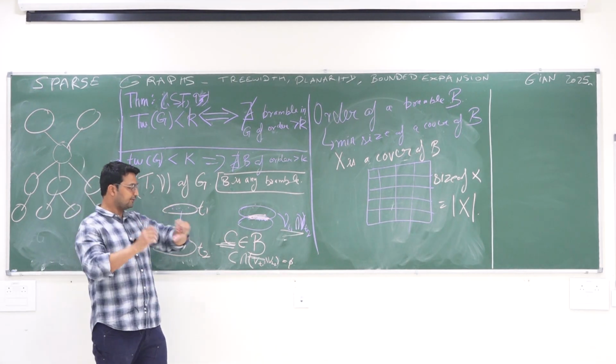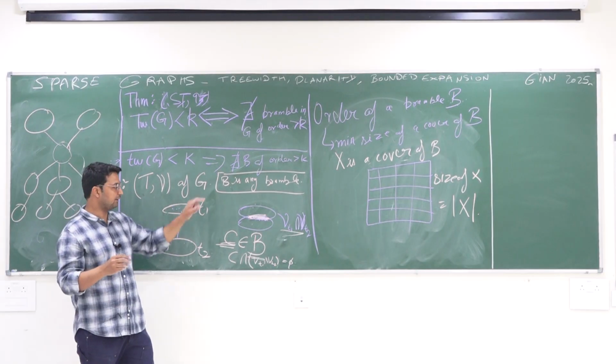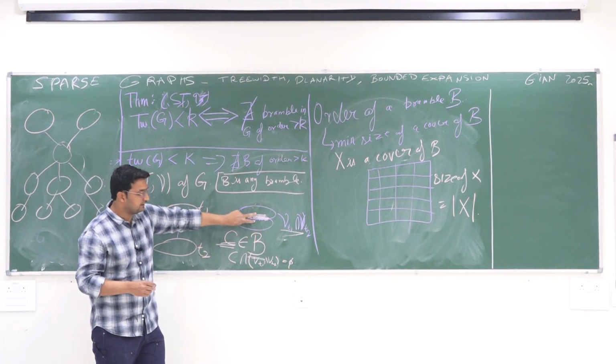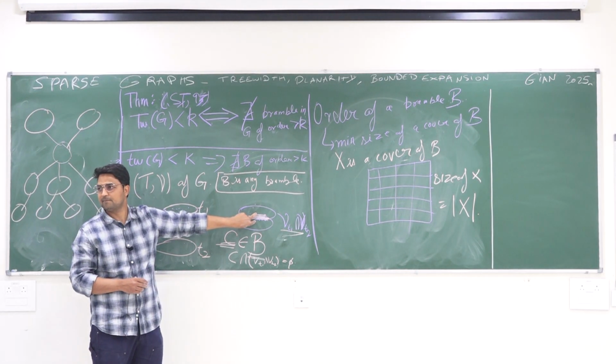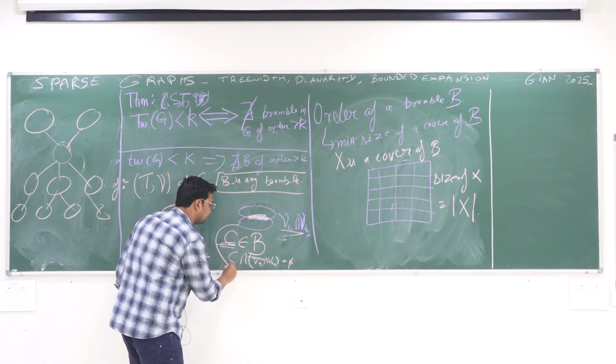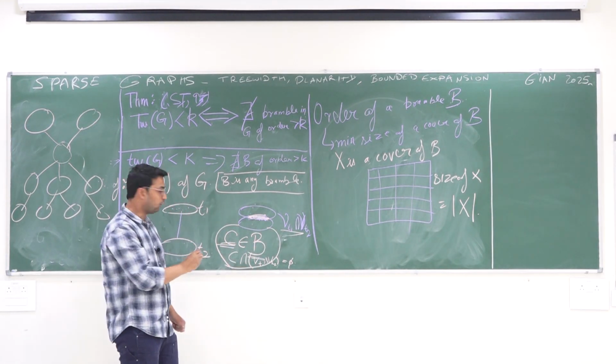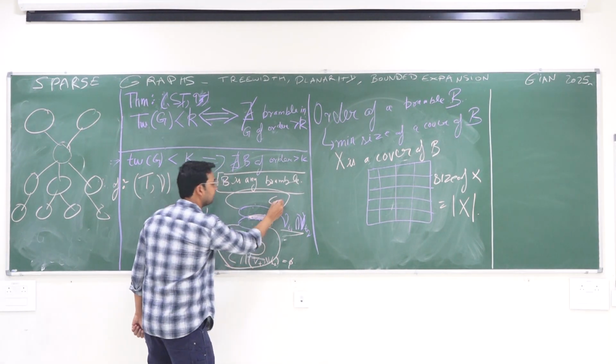But as we have discussed yesterday, and as we saw in the tutorial also, this is a separator in my graph. So C either lies in this direction or C lies in this direction.